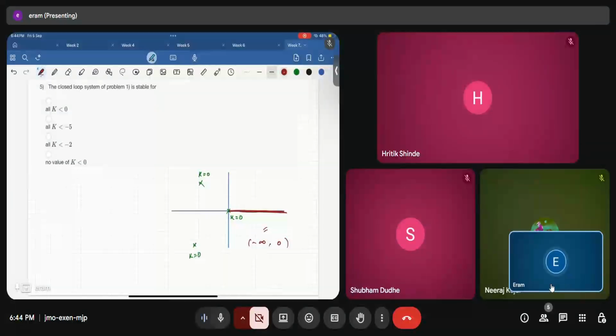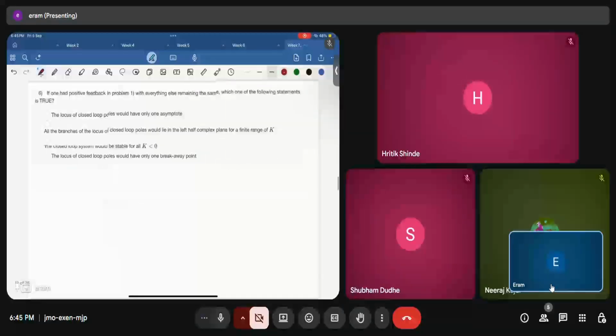Since any pole on the RHS will not allow the closed loop system to be stable, the correct answer will be D. There will be no value of K less than 0, of course, since we are varying it for negative values, that will be able to give us stable closed loop poles. Okay then.